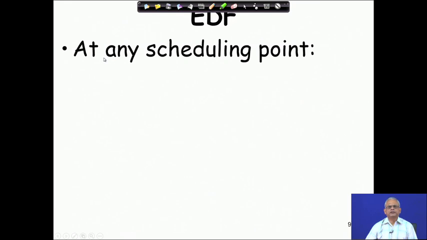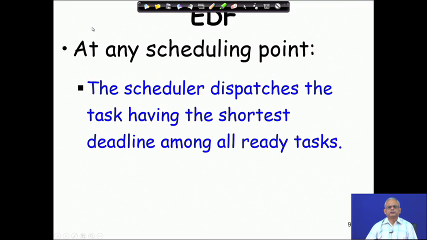At any scheduling point, the scheduler dispatches the shortest deadline ready task. So, this is the basic of EDF. Whenever the scheduler starts running, it looks at all the tasks that are waiting, finds out the deadlines of the tasks and which is the shortest deadline, and then it starts running that.